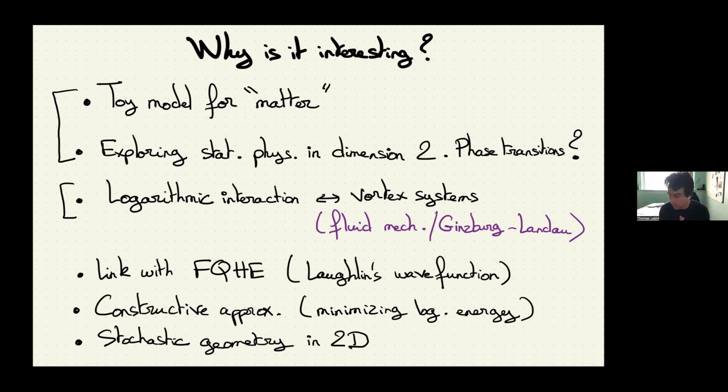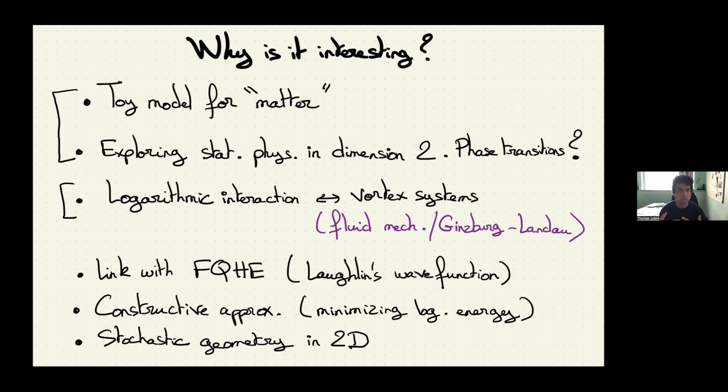So why do we care? Well, it depends on your taste again. You could treat this as a toy model for matter, and I think that's partially the point of view in the 70s, 80s.